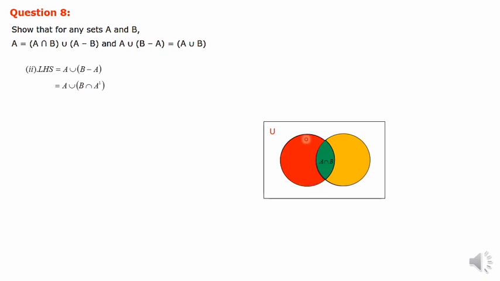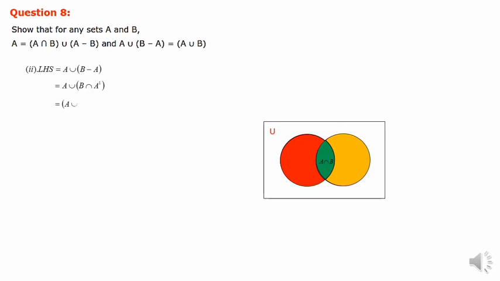So the portion common to both B and the outside of A is this yellow portion. Very carefully you have to check the portion which is common for B as well as outside of A, that is this yellow color. That is what is meant by B intersection A naught.